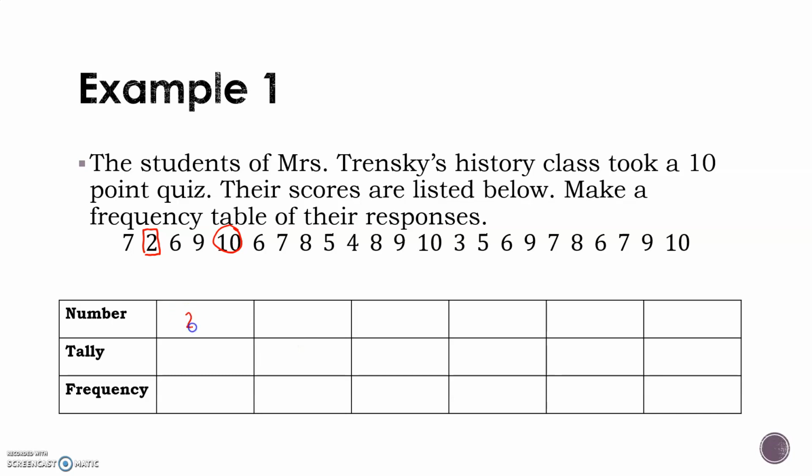I'm going to say if they got a 2 or a 3, a 4 or a 5, a 6 or a 7, an 8 or a 9, or if they got 10. And actually, we could put a 0 to 1 in there if we wanted to. I could have put that first, but what we would see there is that there was nobody, and so that would get a 0. If there's no values there, that's optional, okay?